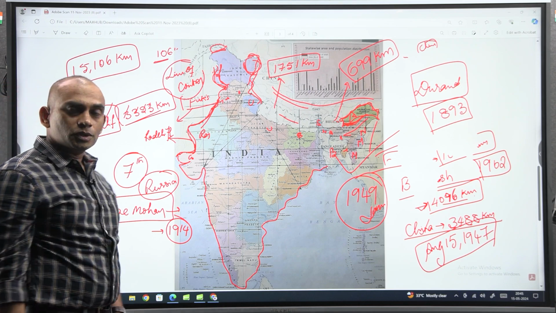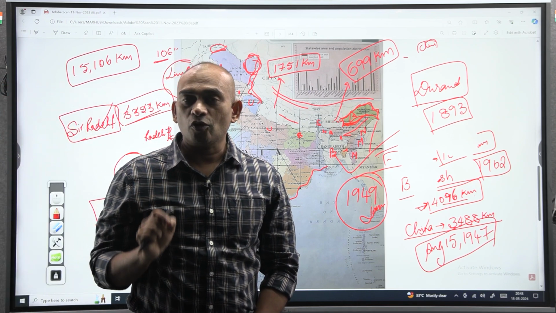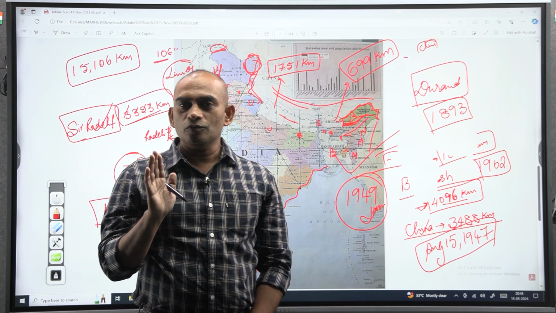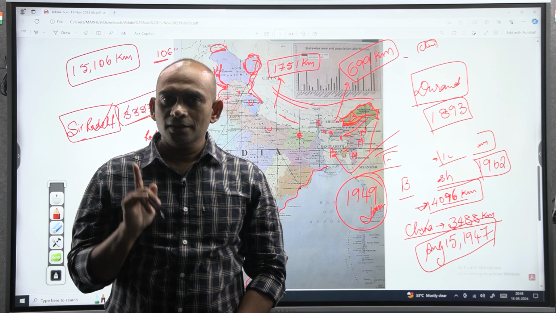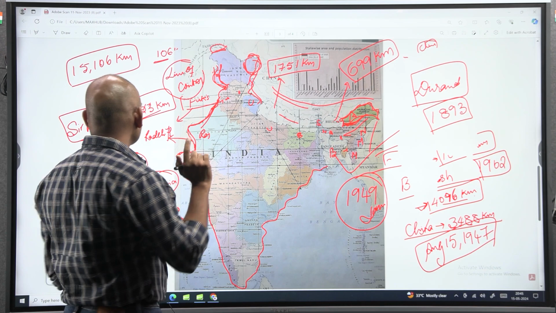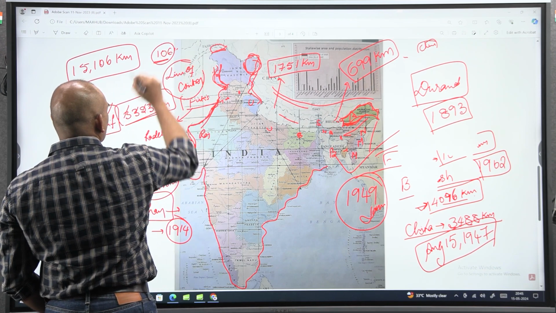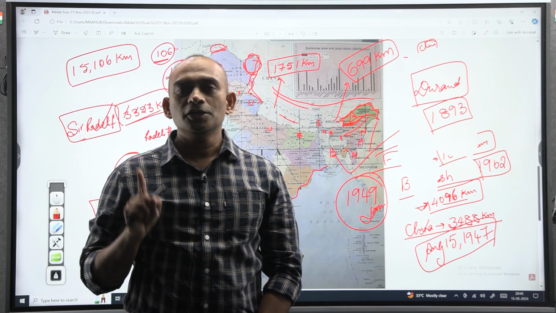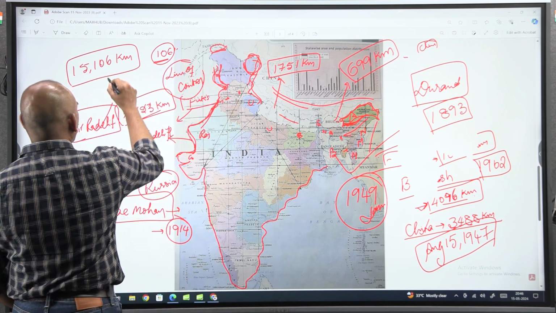Among that entire boundary frontier, the least boundary which we are sharing is with Afghanistan, that is 106 kilometers. That boundary is known as the Durand line boundary.